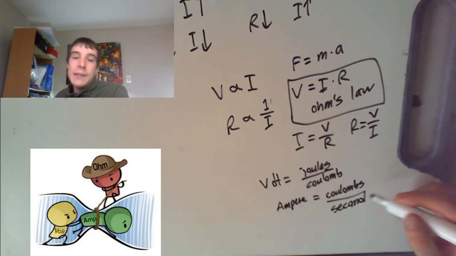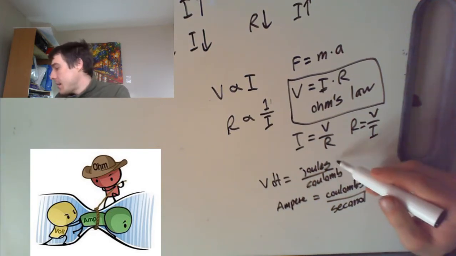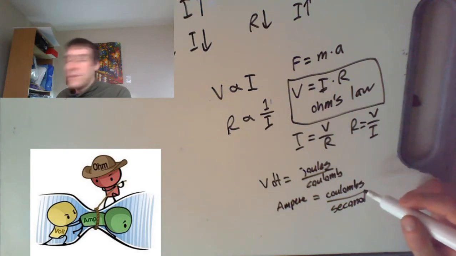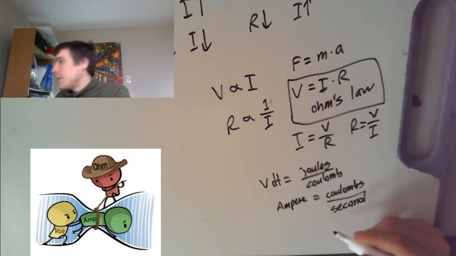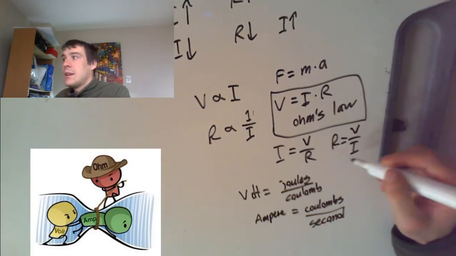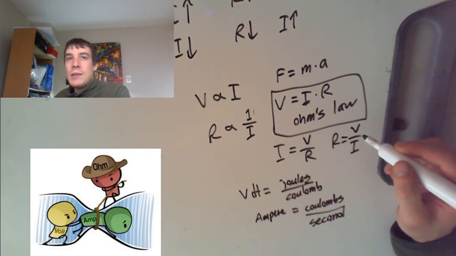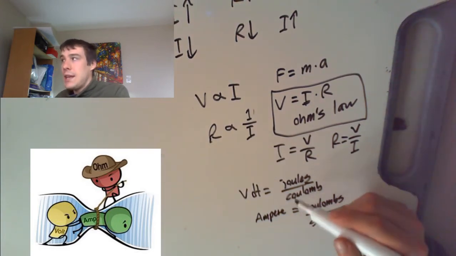It's how many electrons are going by in a second. It's like a speed kind of thing. So energy and speed, things that we can physically measure. But the last piece, resistance, you can't really physically measure. You have to measure it by checking the volts and the amps.